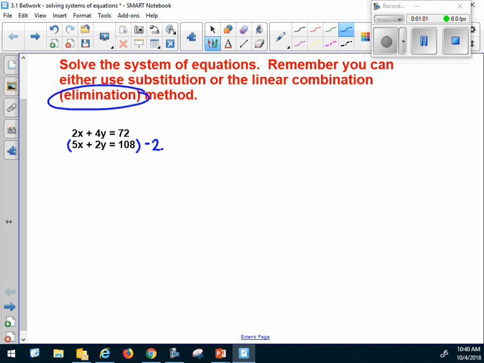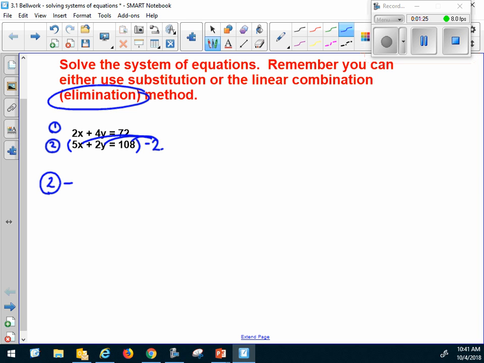Hence the name elimination. So I'm going to label my equations, especially when you get to Algebra 2 and you're doing 3 equations. It's easier if you label and you can kind of keep track of your different equations. So I'm going to multiply by negative 2. Don't forget that you multiply every single term. You can't pick and choose what to multiply. So here's my new equation number 2.